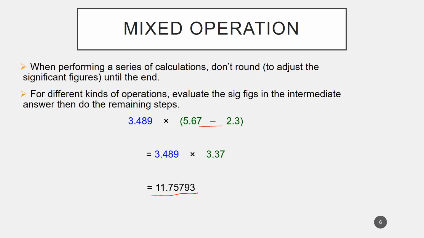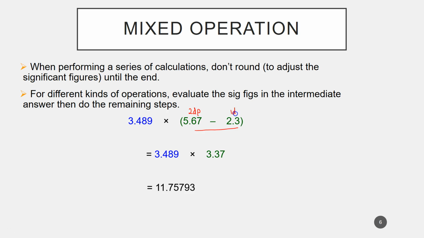Now I'm going to go back and evaluate the significant figures in my intermediate steps so I know how many significant figures I have to report. I'm going to follow the steps that I did. First I did subtraction, and in subtraction, I have to consider the decimal places. This one has 2 decimal places.